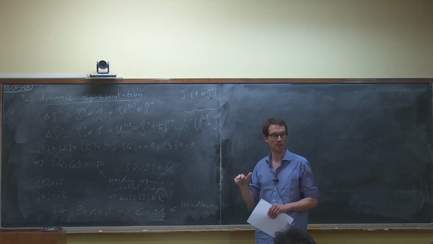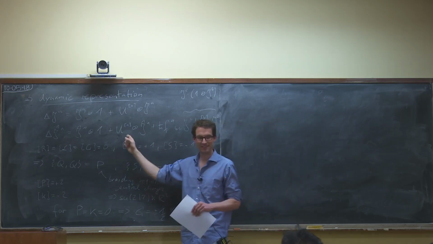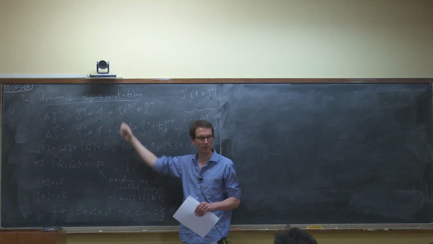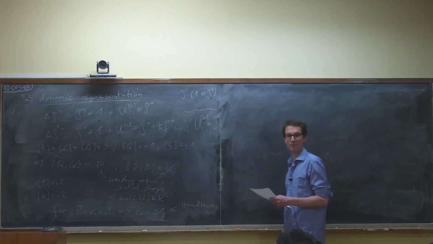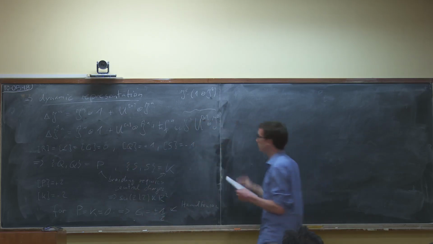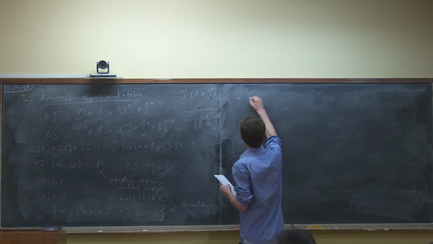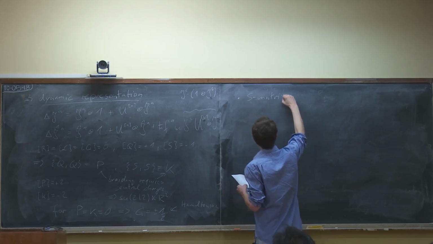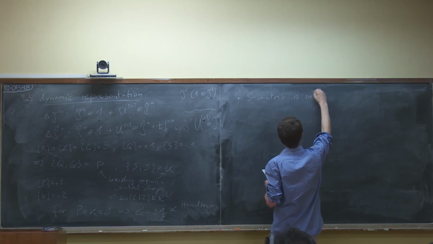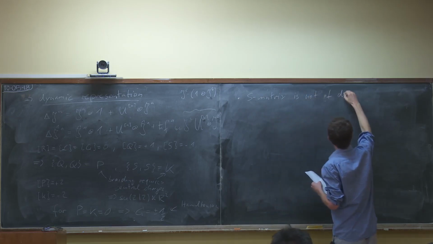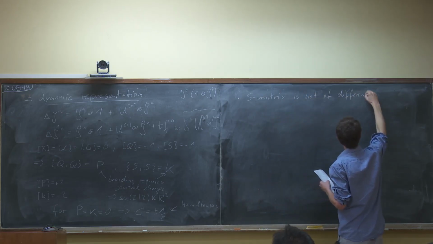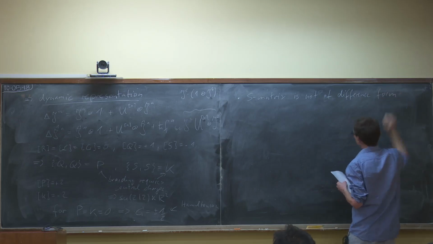But these are not the standard relations anymore. You have a non-trivial coproduct already at level 0, and this implies that the S matrix here is actually not of difference form.